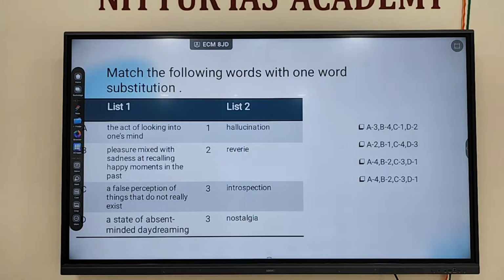B is 4. No, B is not 4. Think. B is 1. Very good, Pooja. B is 1. Nostalgia is something else.